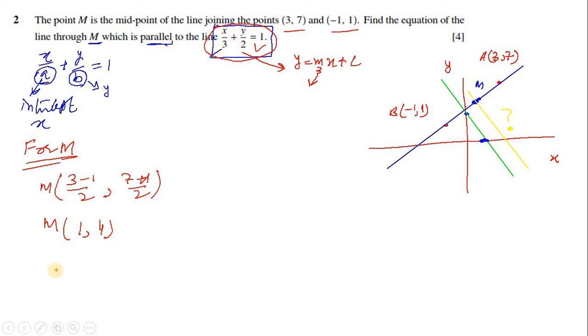So y/2 is equal to 1 - x/3. Or you can say -x/3 + 1, because we have the x term first and then the constant. And then send this 2 to the other side. So you have y is equal to -2/3 x + 2.